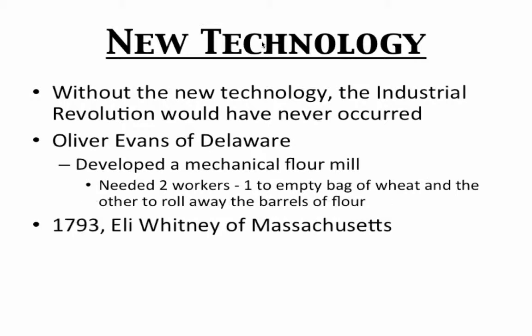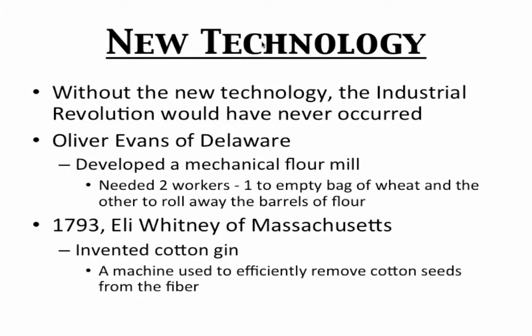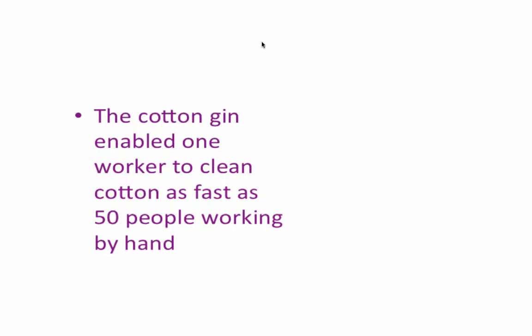In 1793, Eli Whitney of Massachusetts invented the cotton gin. Now, cotton has a seed in it, and people, prior to the invention of the cotton gin, would have to pull these seeds from the cotton fiber by hand. Now, the cotton gin enabled one worker to clean cotton as fast as 50 people working by hand.